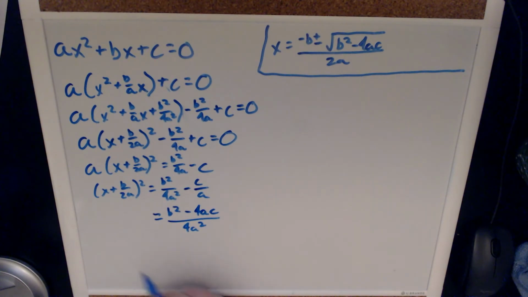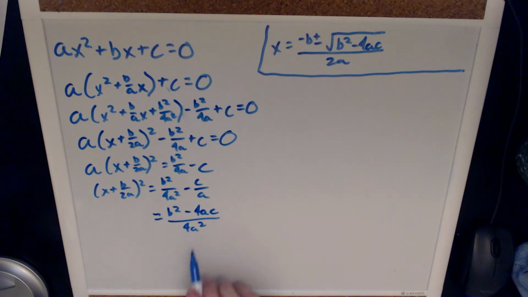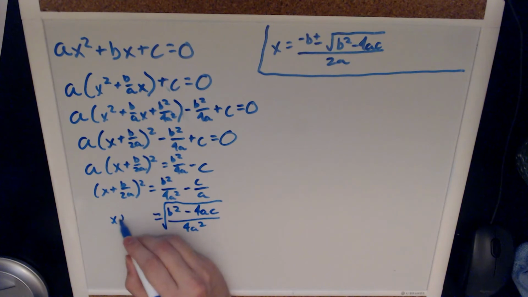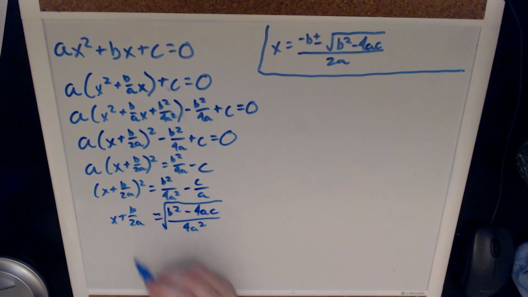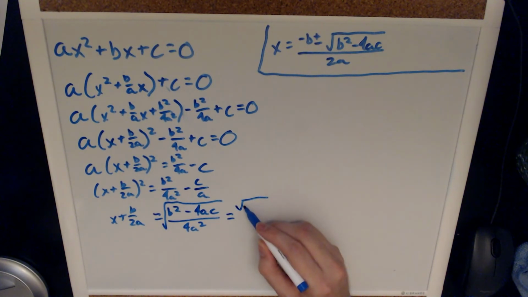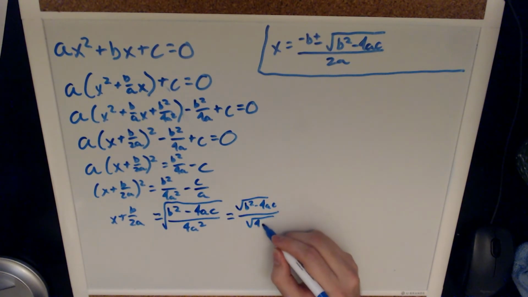Let's remove our squaring on the left term by taking the square root of both sides. While the square root of this entire right term might look daunting, we can simplify it a bit. As it is a square root of a fraction, we can set it equal to the square root of the numerator over the square root of the denominator.